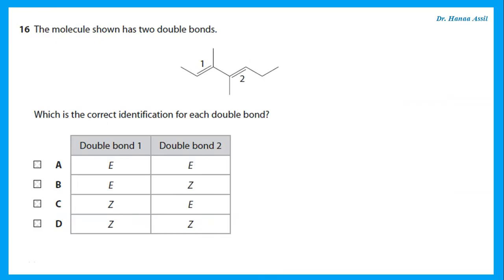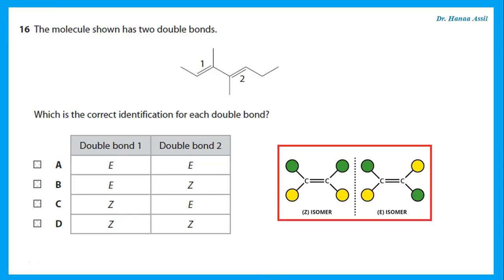The molecule shown has 2 double bonds. Which is the correct identification for each double bond? Remember, when we have double bonds, we said we have restricted rotation around the double bond. So you cannot turn the carbons around due to restricted rotation of the double bonds.